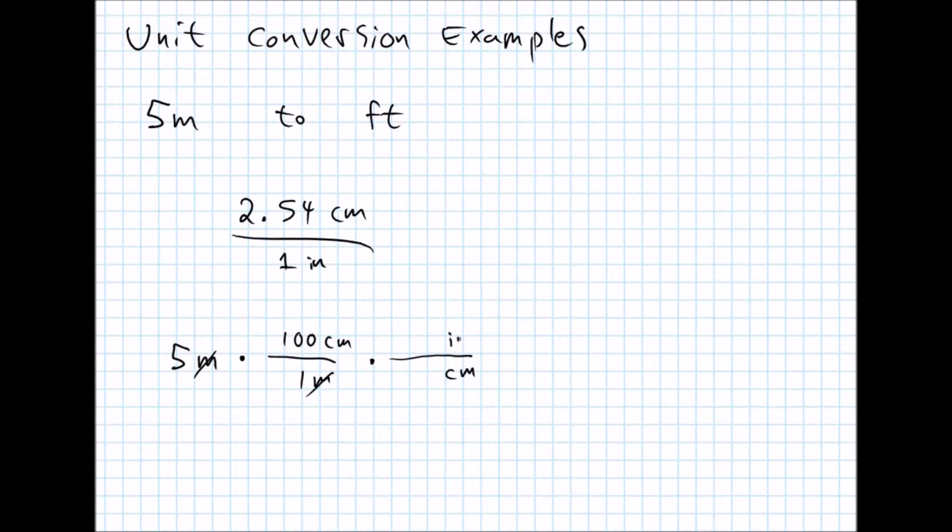The only conversion I have is to inches. In 1 inch, there are 2.54 centimeters. Now I'm in inches. And I think we know that in 1 foot, there are 12 inches.